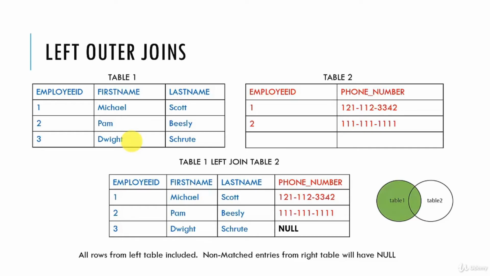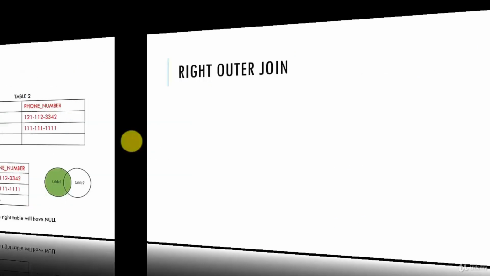Let's just take a step back. What is inner join? Inner join just looks for common rows. What is an outer join, especially a left outer join? Take everything from the left hand side table, take everything which matches with the right hand side table, and the ones that do not match, just replace with a null.